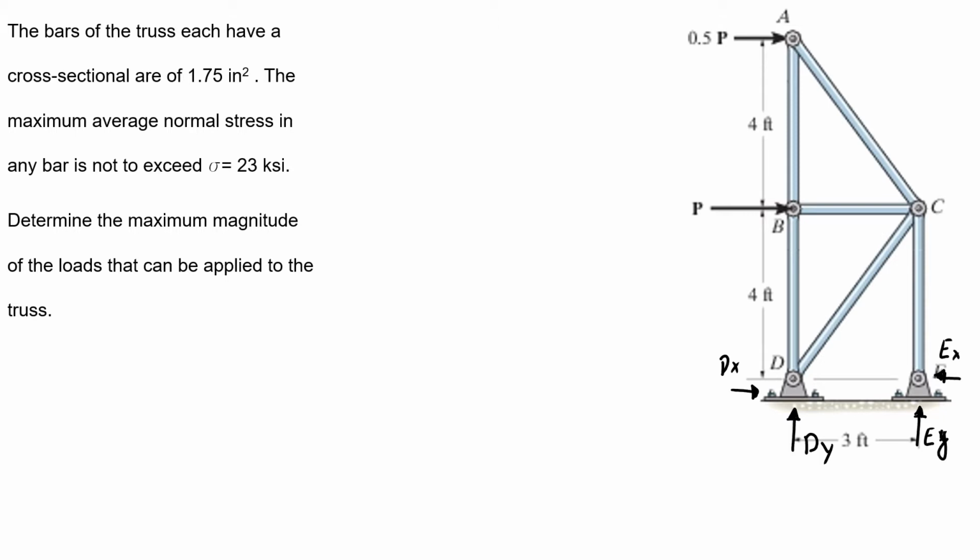So first, I will start doing my moment around D equals 0. Counterclockwise is positive. So I know 3 times Ey is giving me a counterclockwise moment, minus 4P, minus 8 times 0.5P equals 0.